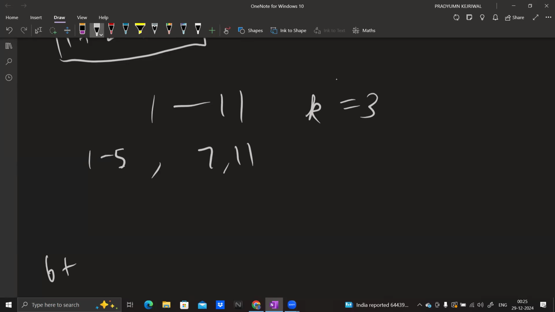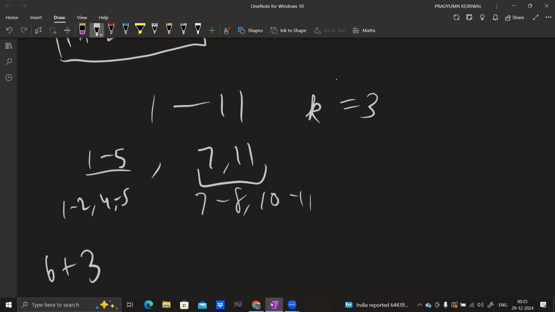This length is 5, so she'll break it into 1 to 2 and 4 to 5 and observe the third one. So 6 plus 3, and she'll break the other one into 7 to 8 and 10 to 11, and she'll add 9 to the answer.